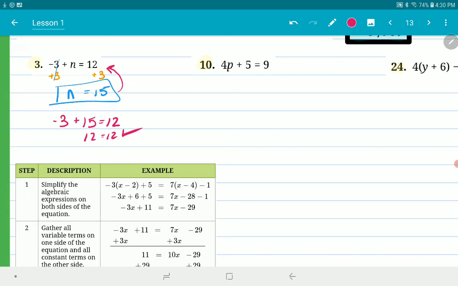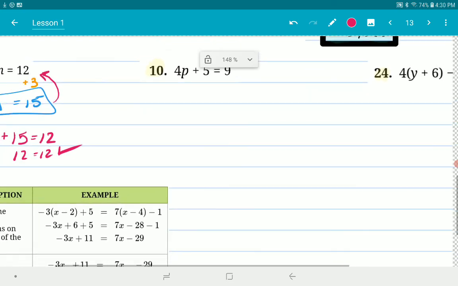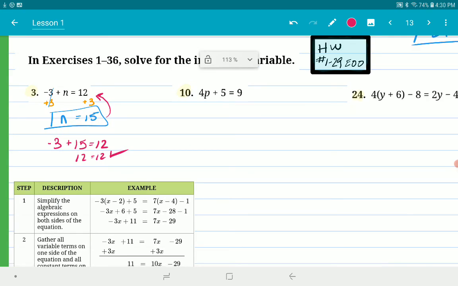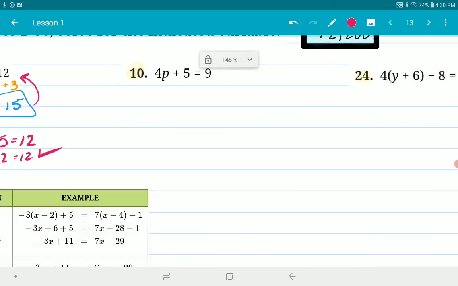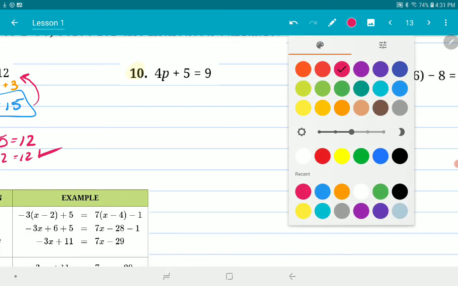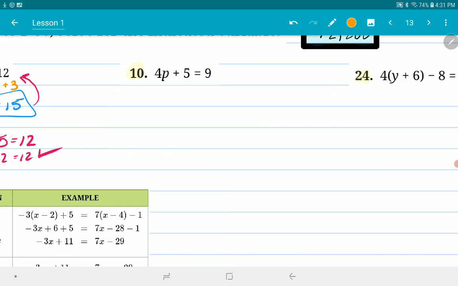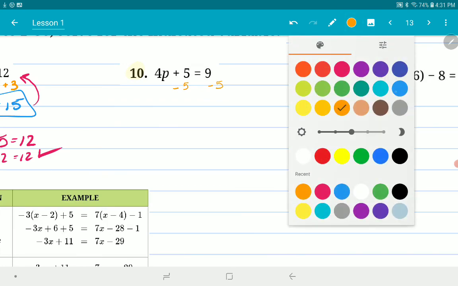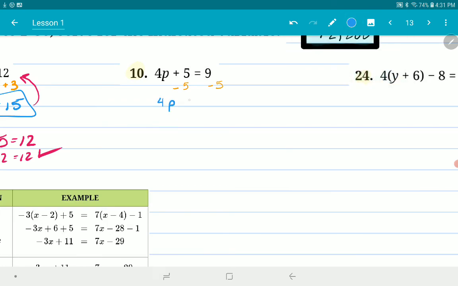All right, let's move on to number 10. A little more complicated because now I have, no, it's really not. It's about the same complicated. So again, I want to get my constants on the right, so I'll subtract 5, and whatever I do on the left, I do on the right to keep it equal. That gives me 4p equals, the 5's cancel, and 9 minus 5 gives me a 4.